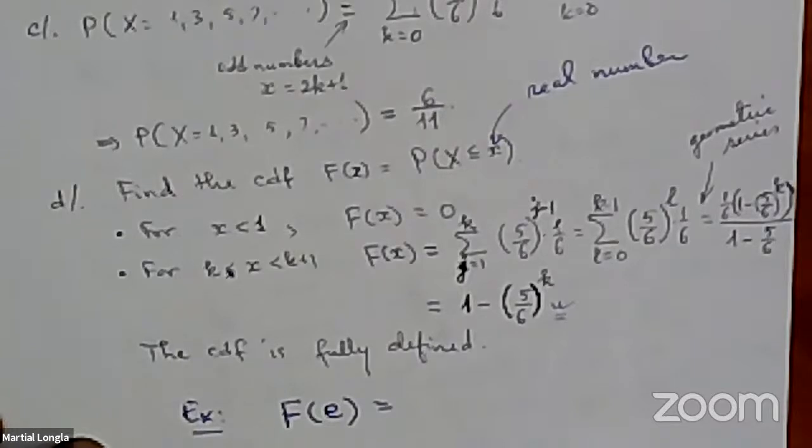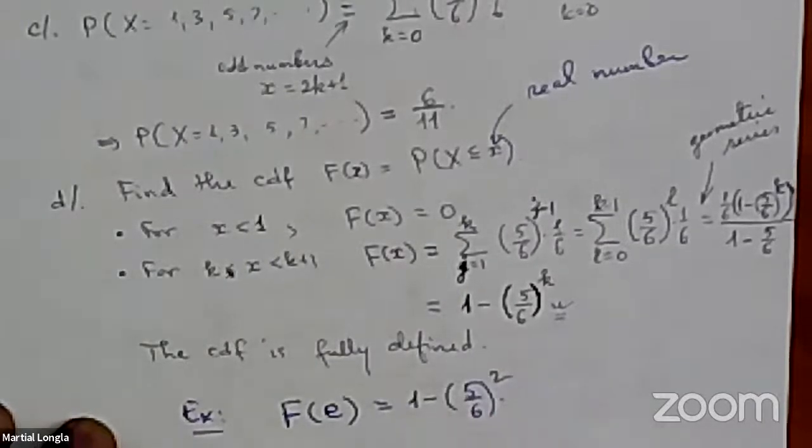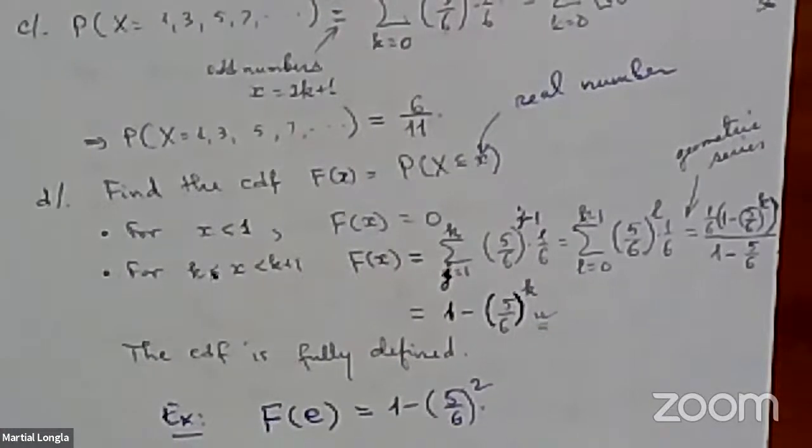So k in this case is 2. So that is going to be 1 minus 5/6 squared. Okay. Any questions on this?